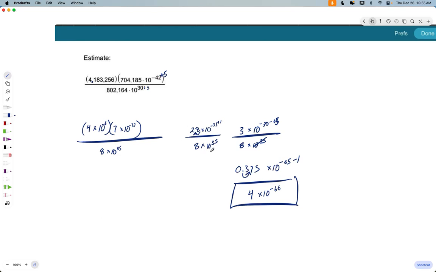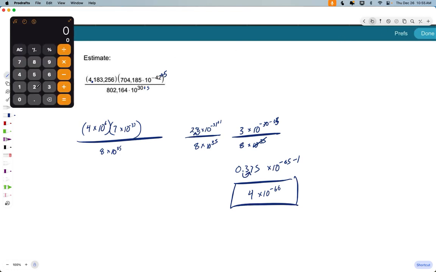Now, if we had stayed here, if we had not rounded this, because of estimation, let's see what we would have gotten. 28 divided by 8 is equal to 3.5 times 10, and it wouldn't have moved this, so that would have been 31 and 35.